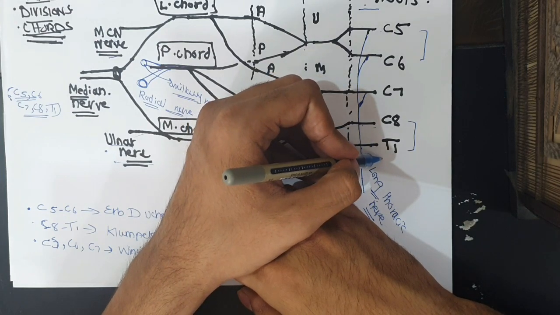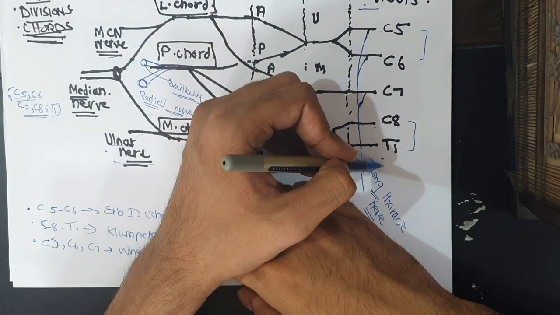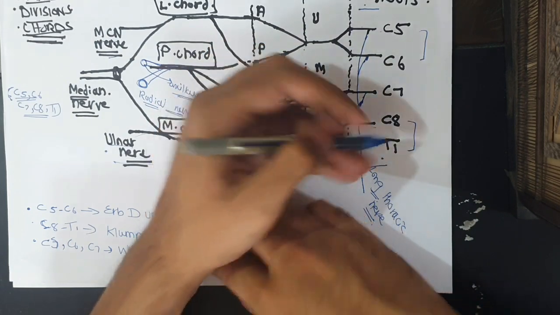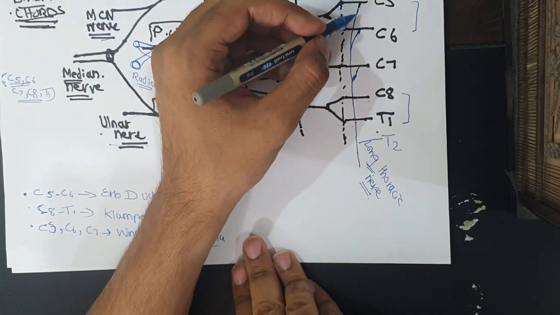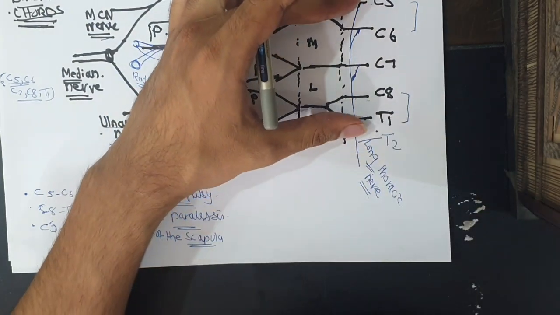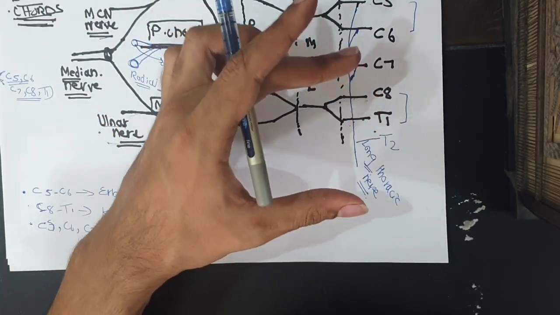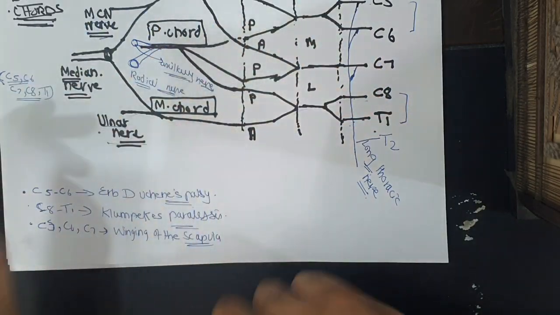And similarly, what is a postfixed, which receives more innervation from T2 and less innervation from C5. Simply, you can move this plexus one root up and one root down, making it a prefixed plexus and a postfixed plexus respectively.